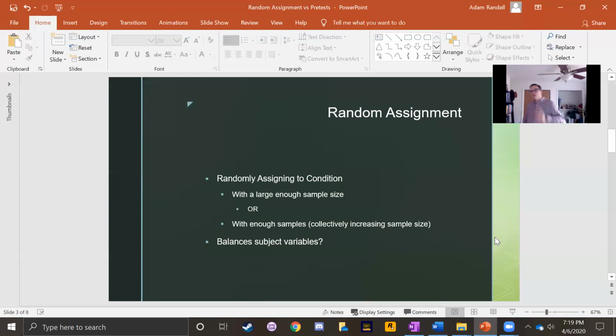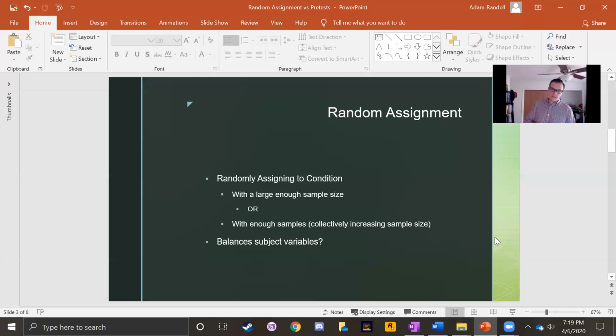But if you have a large sample, then the chances of you getting more participants with one kind of subject variable in one condition than the other drops. As your sample size gets bigger, the chances of you getting a disproportionate number of people with a certain individual difference in one condition drops.